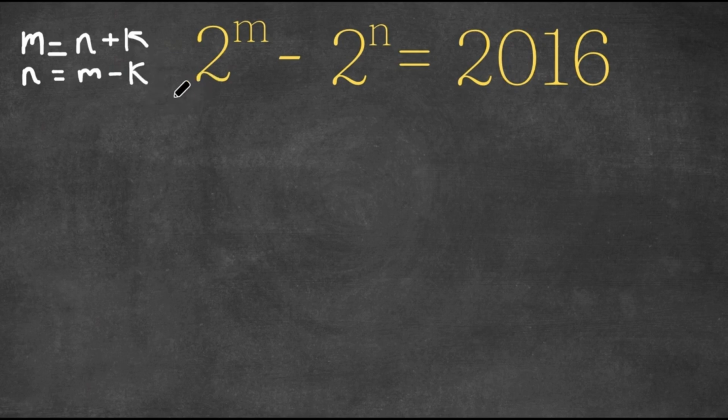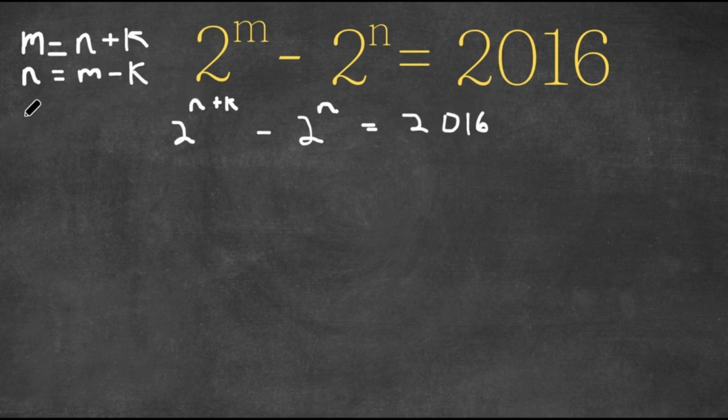Now what I'm going to do is replace m with n plus k. So I'm going to rewrite this as 2 to the power of n plus k minus 2 to the power of n equals 2016.